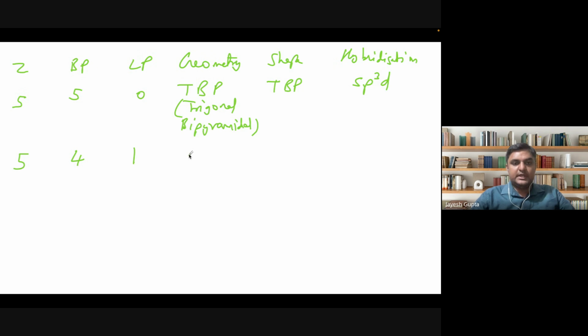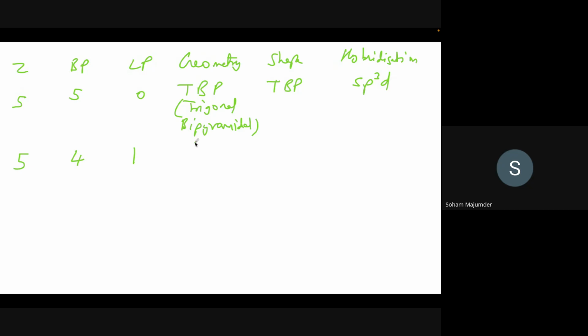Okay, so here what happens like lone pair will always go in equatorial. They will never go on axial plane. Okay, do you know this thing that if percentage S character increases, electronegativity increases? This point do you know? Yes, sir. Okay, fine.